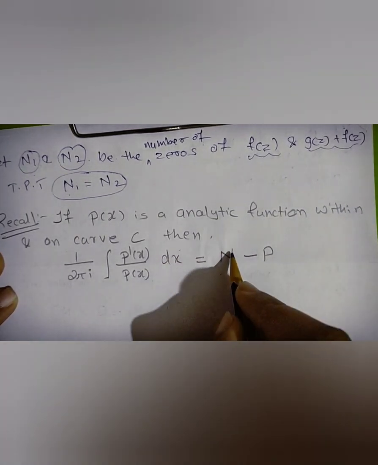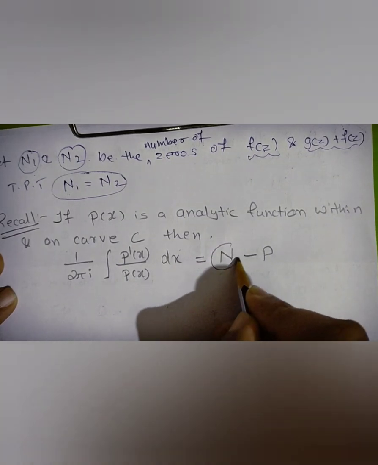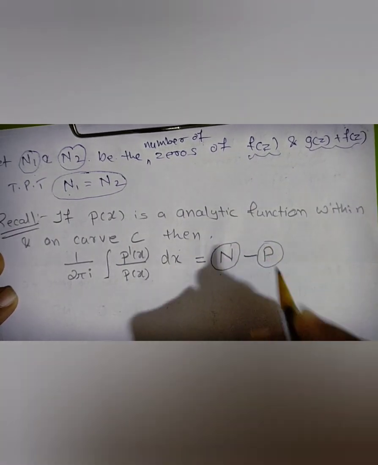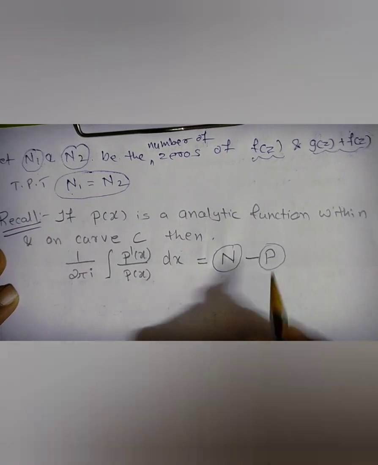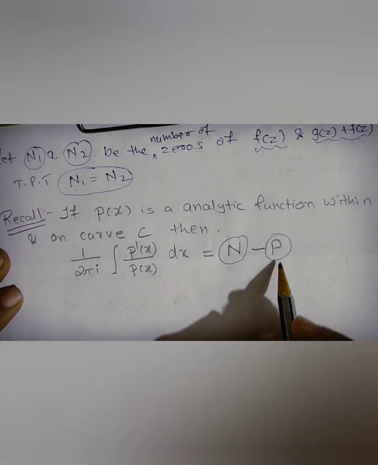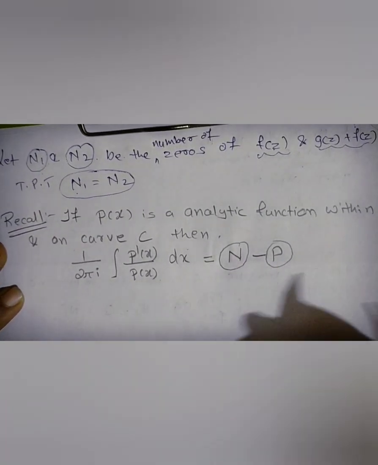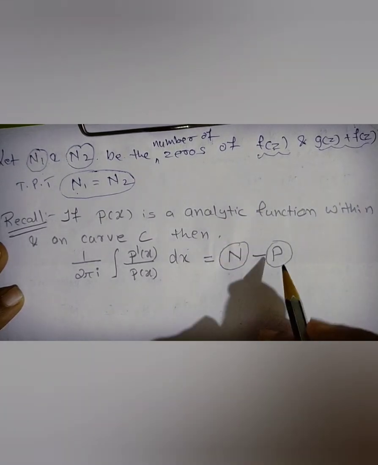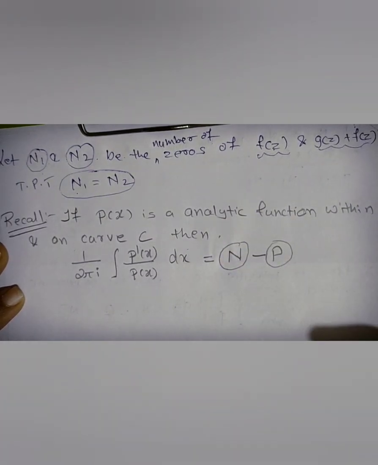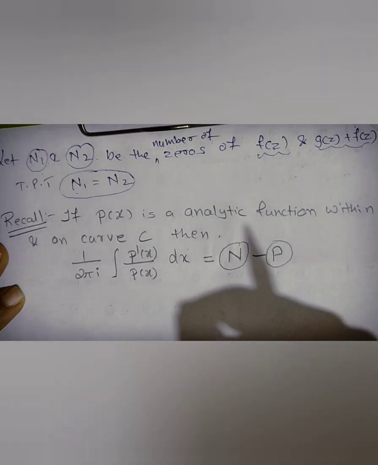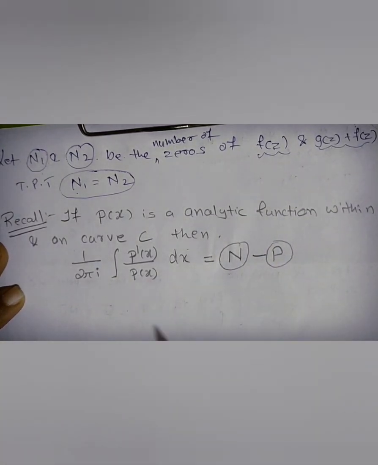So just to specify, n is the number of zeros and p is the number of poles, right? Poles are basically the points at which the function becomes meaningless, particularly the value at which the function's denominator becomes 0.